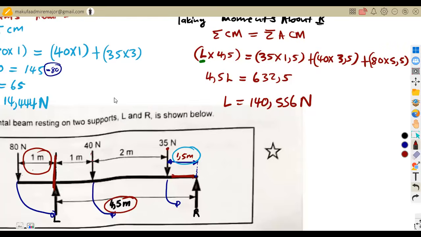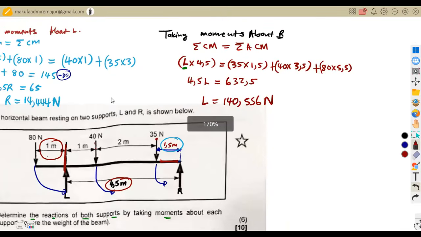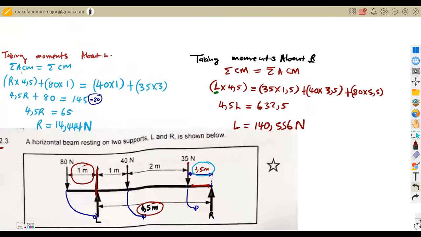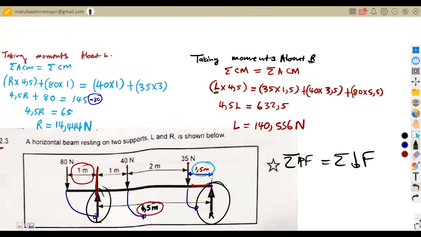So in actual sense, what it simply means, you can just prove this on your calculator. Yes, you can even write it down because you're not even asked to prove this, but as we know, the sum of the upward forces should be equal to the sum of the downward forces. So the sum of the upward, you're talking about the L and the R, the ones that are facing up.